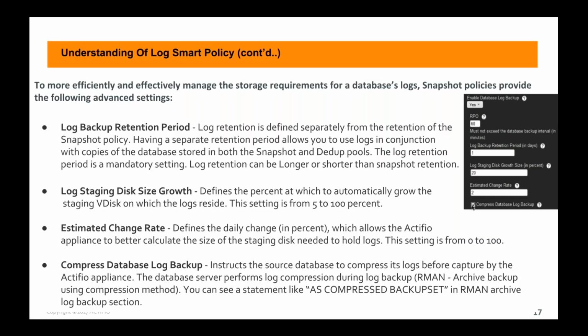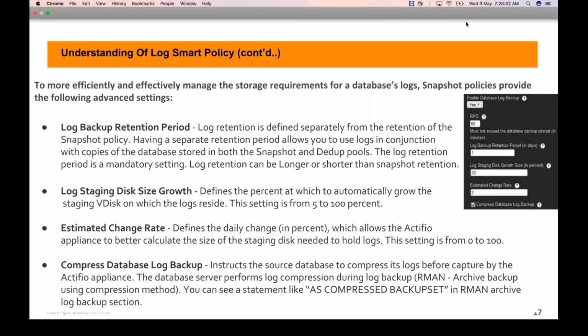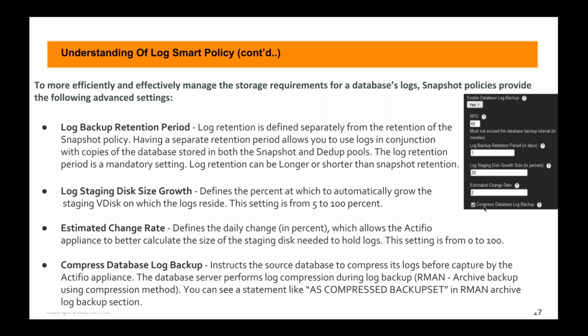So, continuing with the settings, this is another setting which we are giving. This is the compressed database log backup. If you choose this in SLA advanced settings, with compressed database log backup checked, we make sure that we will compress the archive log backup as we are taking the archive log backups.